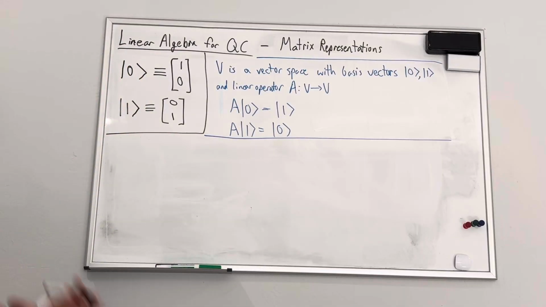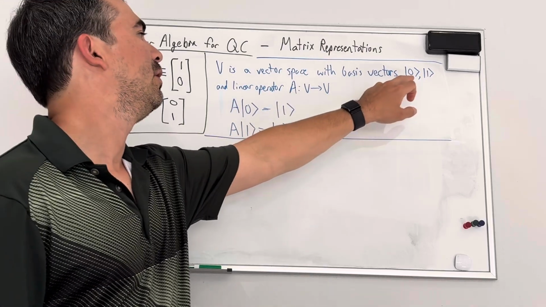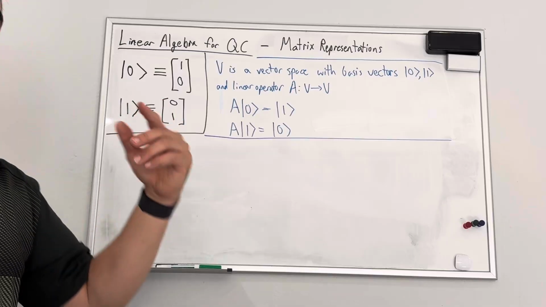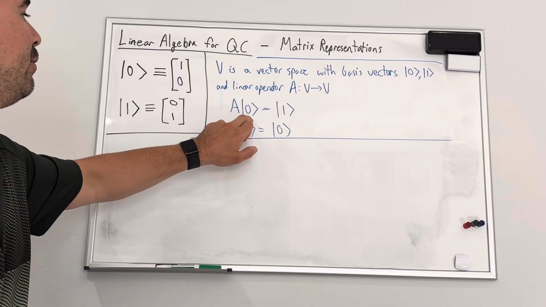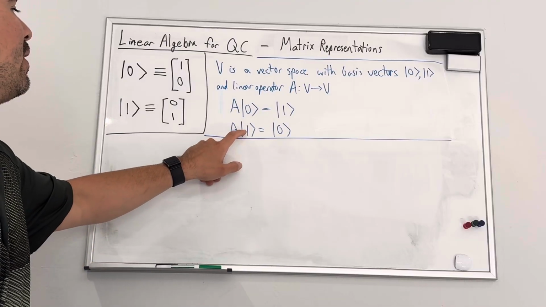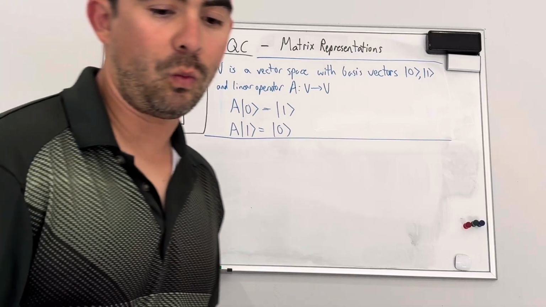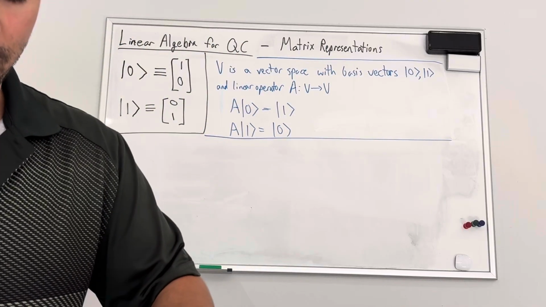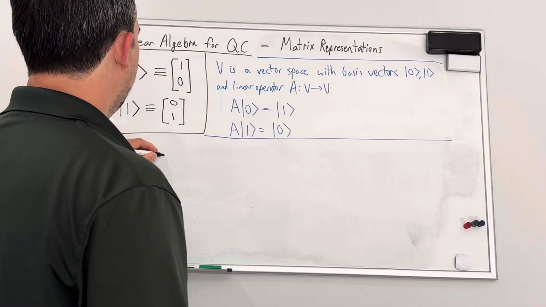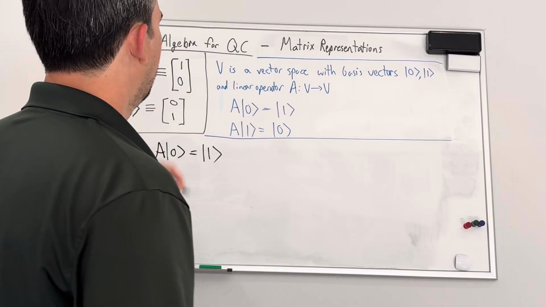So with that preface, let's imagine that V is a vector space with basis vectors 0 and 1. It has some linear operator A, which works in the following way. A takes the vector 0 and turns it into the vector 1, and A takes the vector 1 and turns it into the vector 0, right? So where I started with this is, let's take A0 equals 1.